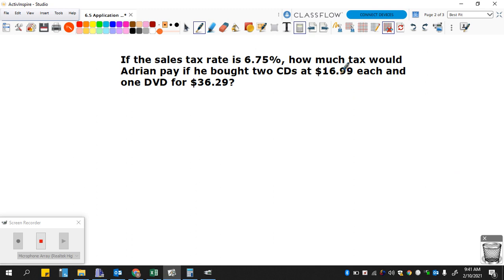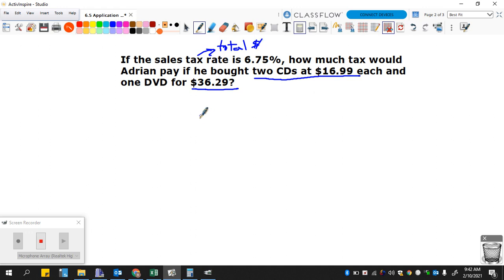Now, if a sales tax rate is 6.75%, how much tax would Adrian pay if he bought 2 CDs at $16.99 each and 1 DVD for $36.99? So remember, this tax is on the total dollar amount.